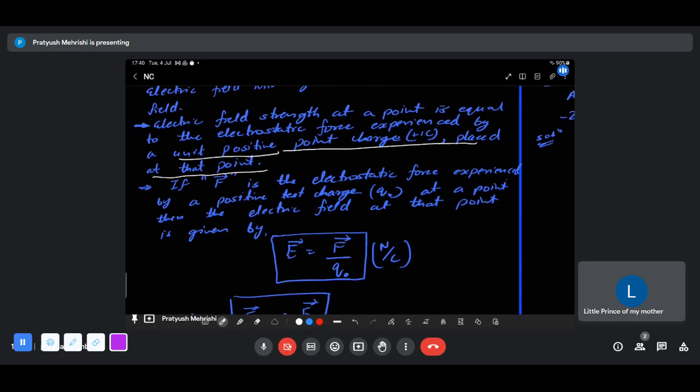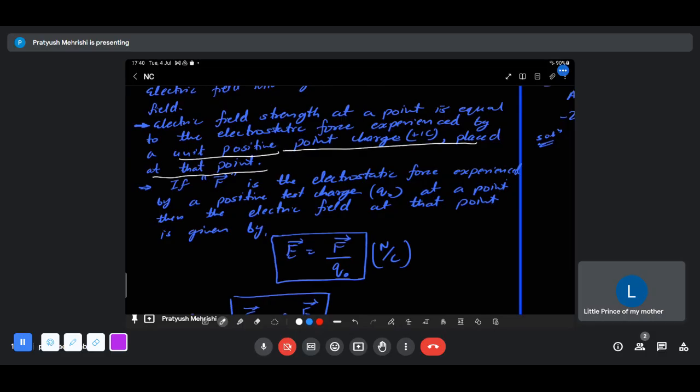So if you place a negative charge, it will experience force in the opposite direction, but that will not be called the electric field, because electric field is only the force experienced by a unit positive charge. So opposite will be the electric field. Got it now? Electric field is defined as force experienced by a unit positive charge. Do not get confused. Only remember that if a positive charge is there, then its force direction you will take as the electric field. If negative is there, then opposite must be the electric field.